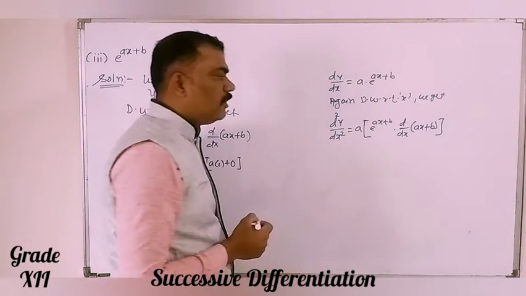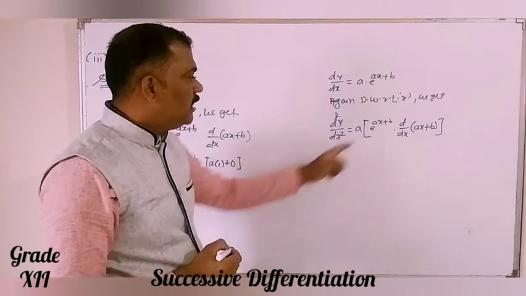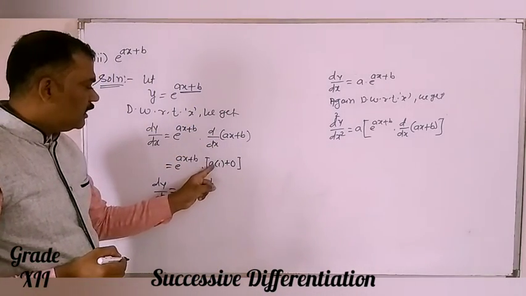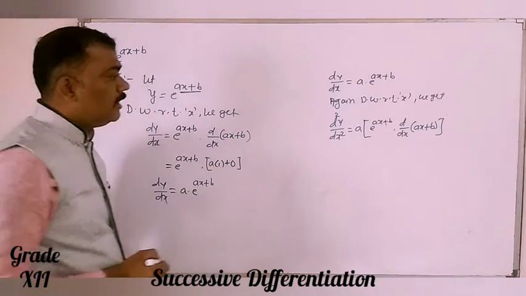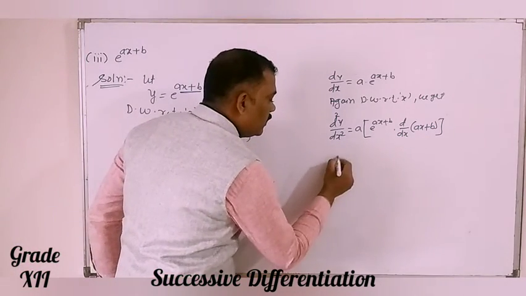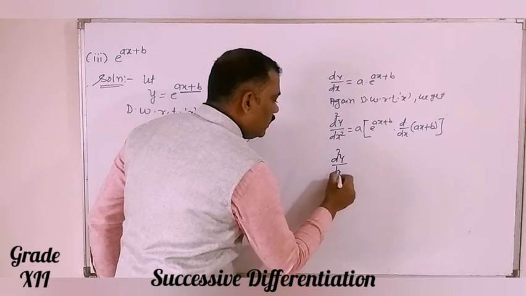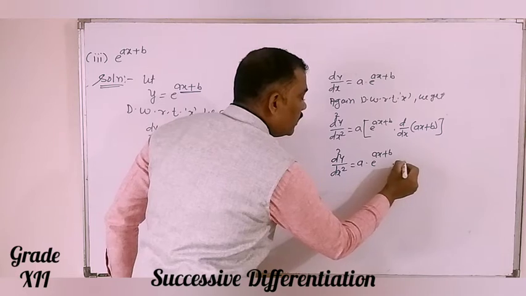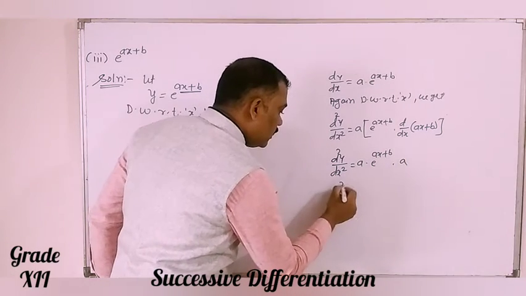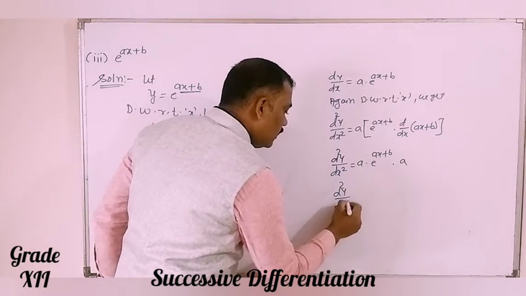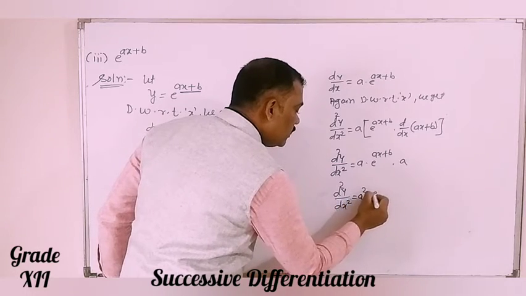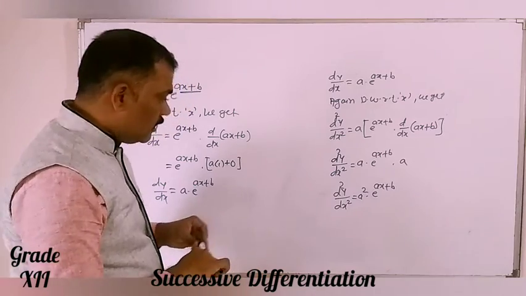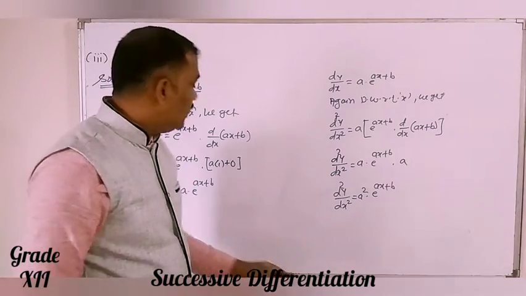We already found the derivative of ax plus b: it is a into 1 plus 0, which is nothing but a. So d2y by dx square is equal to a into e raised to ax plus b into a, that is, a square into e raised to ax plus b. This is how we find the second order derivative.